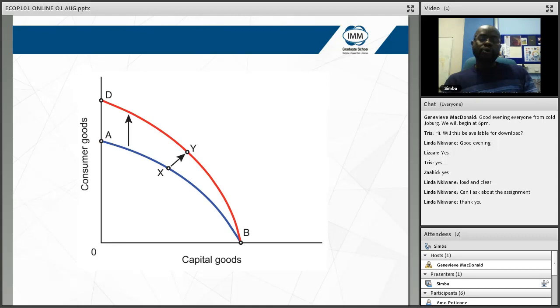So it is always important to know which one was your original PPC and which one becomes your new PPC, because that is what determines whether the production is increasing or decreasing.